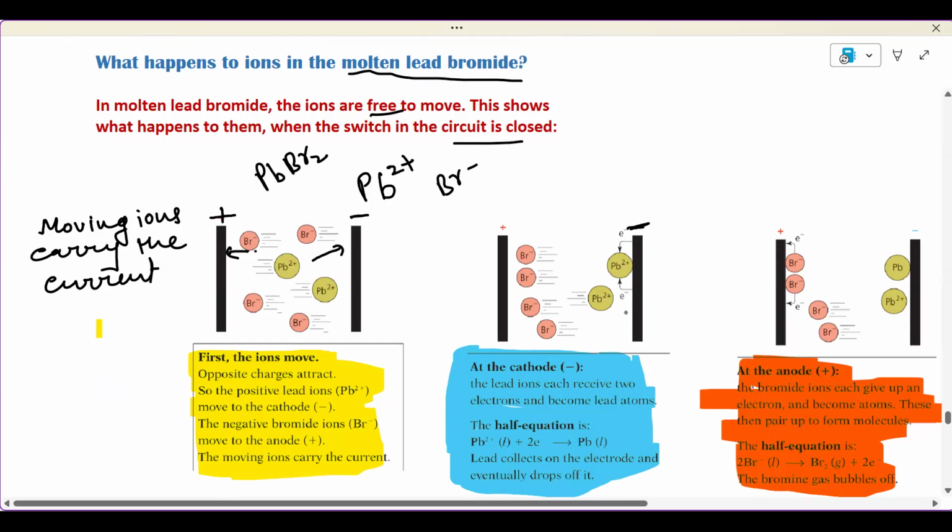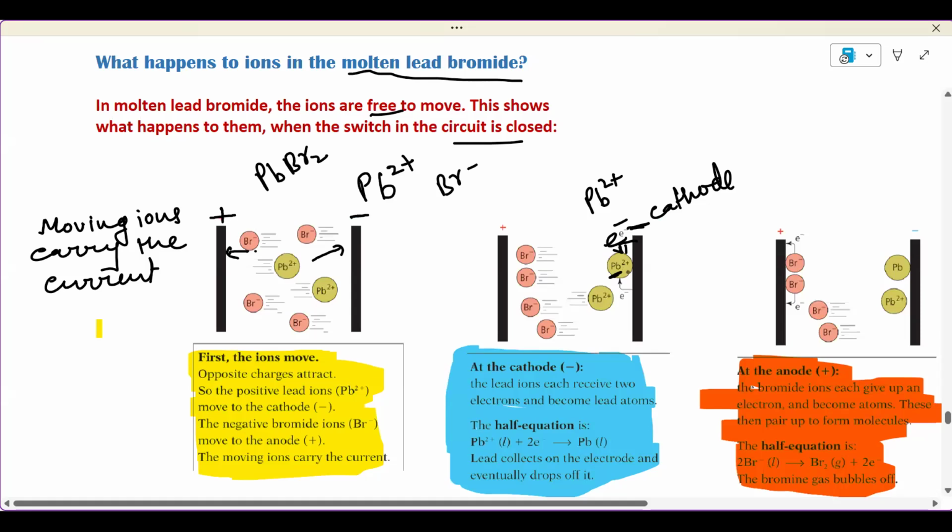At the cathode, lead ions each receive 2 electrons and become lead atoms. Lead ion, it is Pb2+. After receiving electrons, it has taken electrons from the negative electrode, that is the cathode.